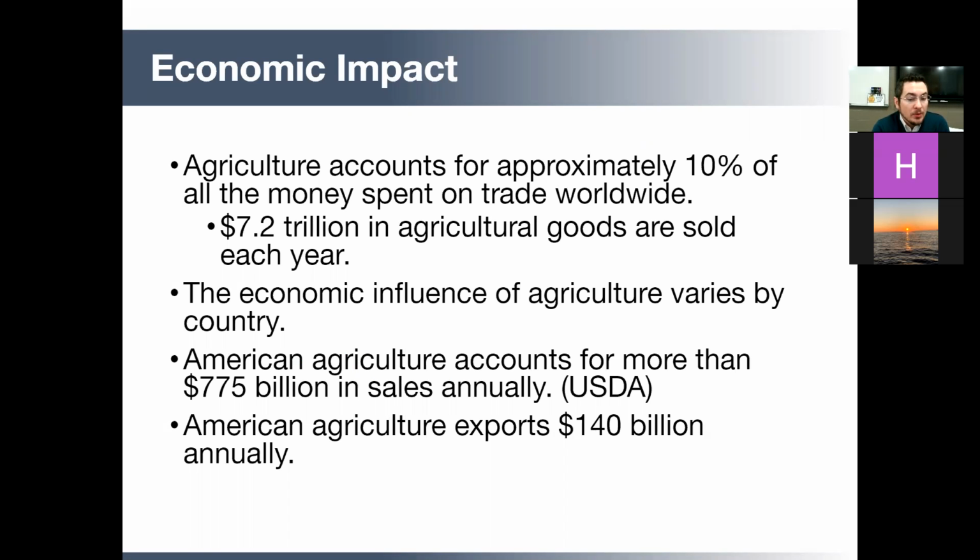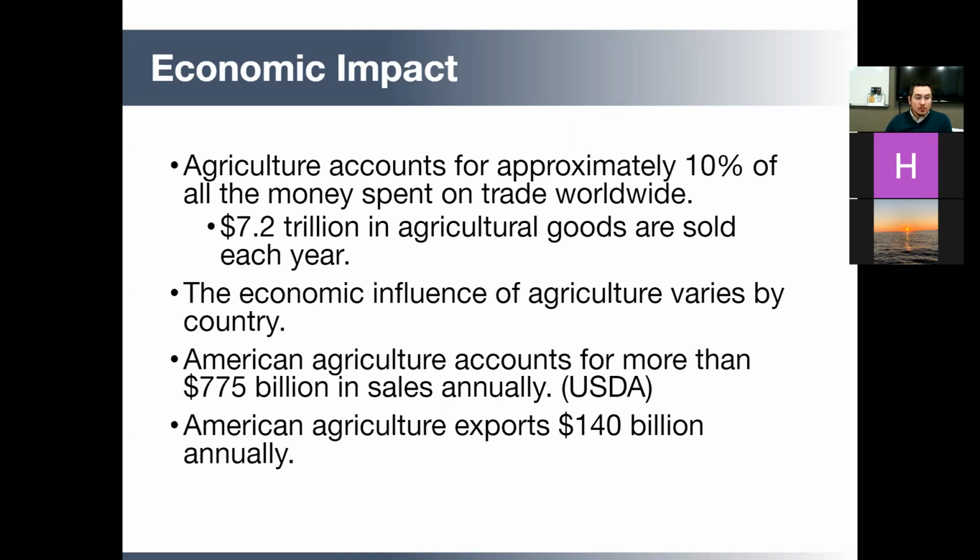Okay, you're going to want to go through and double check some of these numbers. Ag accounts for approximately 10% of all the money spent on trade worldwide. $7.2 trillion in agricultural goods are sold each year around the world. The economic influence of agriculture varies by country.